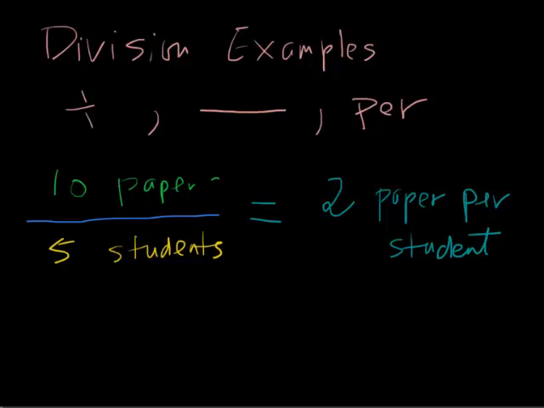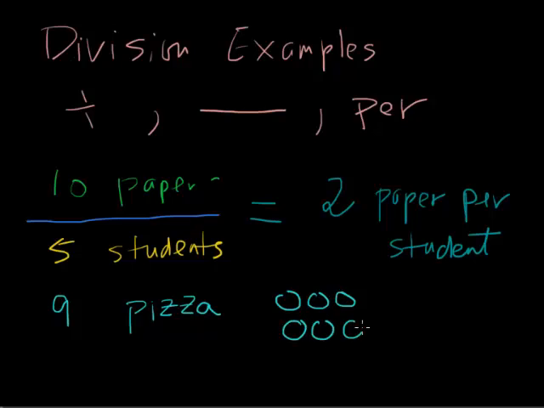Okay, another example. I'm not going to use too many colors this time. Keep it simple. Let's say you have 9 pizzas. Let's just imagine 1, 2, 3, 1, 2, 3, 1, 2, 3. And you want to give it to 3 people.